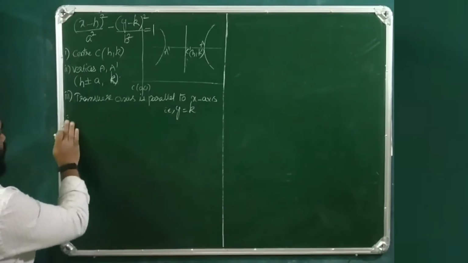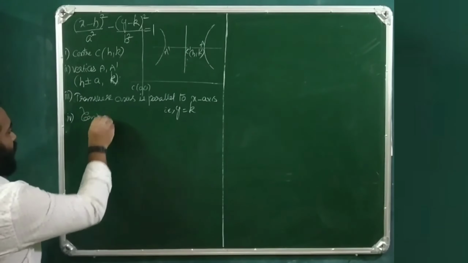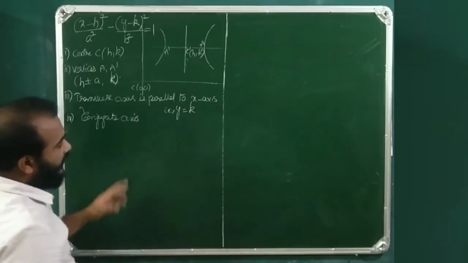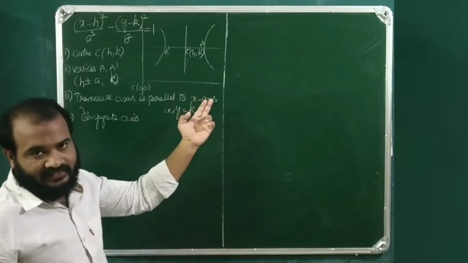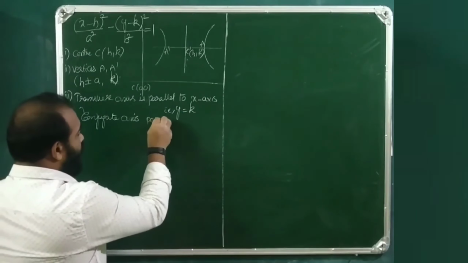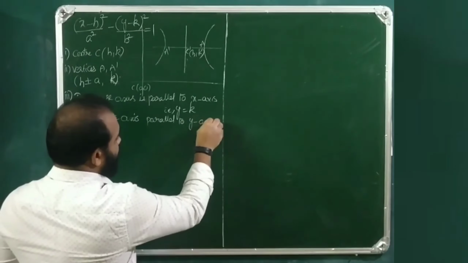Now the conjugate axis, earlier along the y-axis, x equals 0, is here parallel to the y-axis.